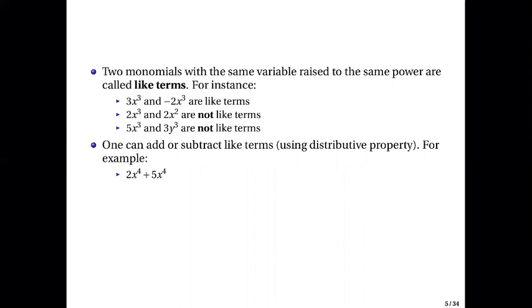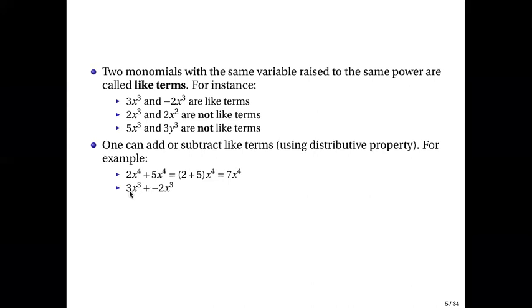So this is equal to 2 plus 5 times x to the 4. If you add 2 and 5, you'll just get 7. So 2x to the 4 plus 5x to the 4 is equal to 7x to the 4.